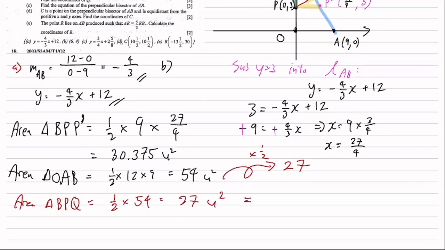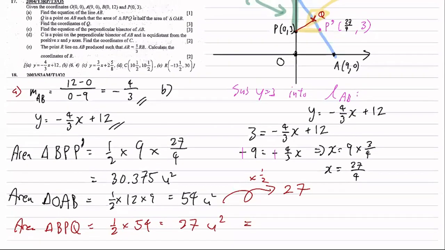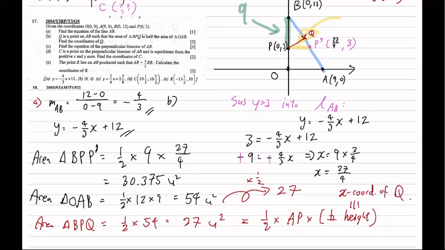And we know that this area is just half times AP times the perpendicular height, and this is exactly equal to the x coordinate of Q. Do you agree? Does it make sense? The x coordinate here will be the height. Maybe I highlight in light blue, like this. Perpendicular height here is the x coordinate of Q.